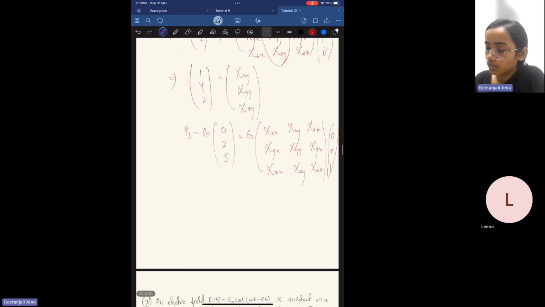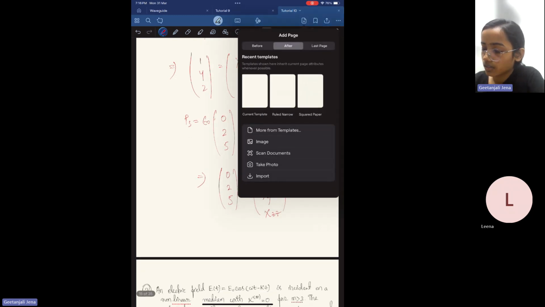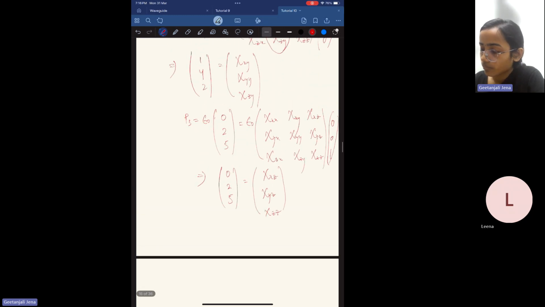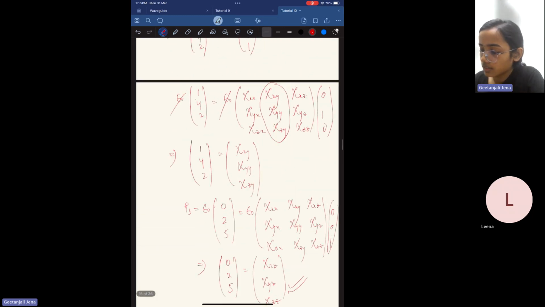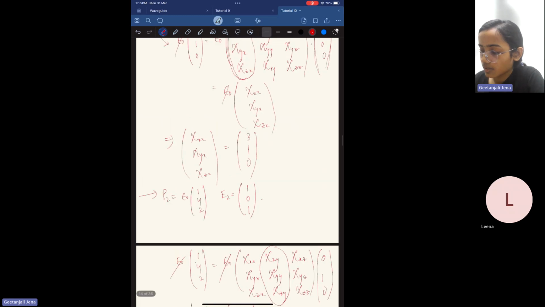So this will now pick out the third column vector, which is chi xz, chi yz, chi zz. So now we know all the elements of the susceptibility matrix. The third column vector is here, the second is here, and the first is this one.